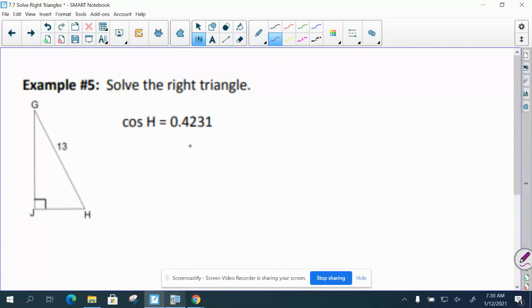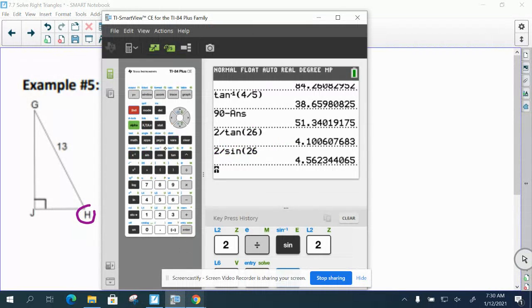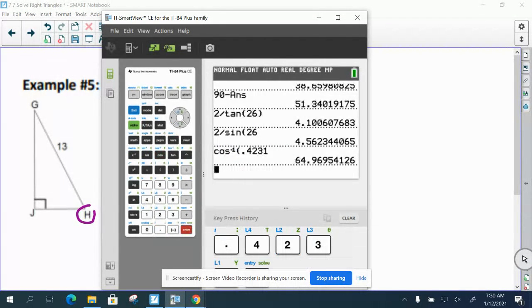Okay, here's another example. The cosine of H is 0.4231. So let's solve. So let's get angle H by taking the inverse cosine. So cosine inverse of 0.4231 is 64.